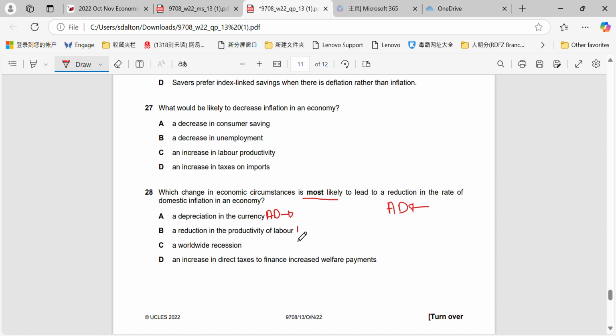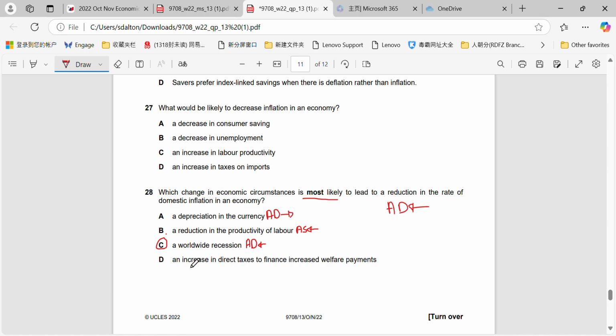Reduction in productivity of labour, AS would move left. It would cause cost push inflation. Worldwide recession, yeah, AD would move left with a worldwide recession. Consumption across the world and how much is produced would drop. Unemployment would rise. So it would lead to a reduction in the rate of domestic inflation.